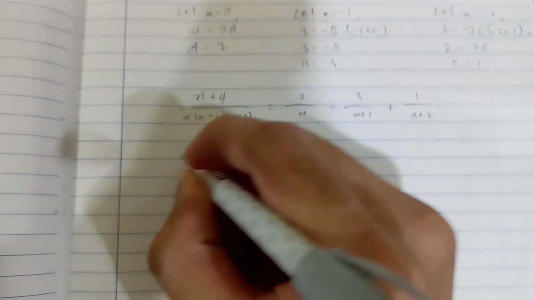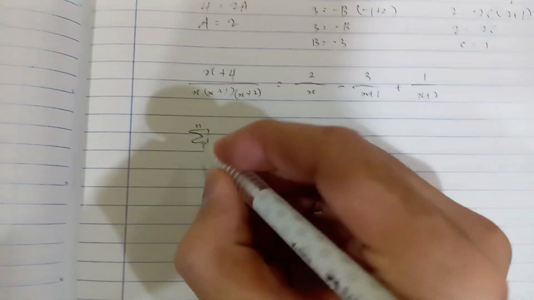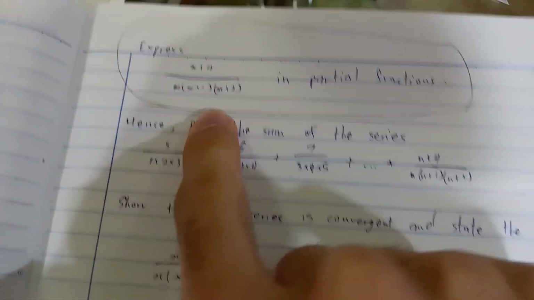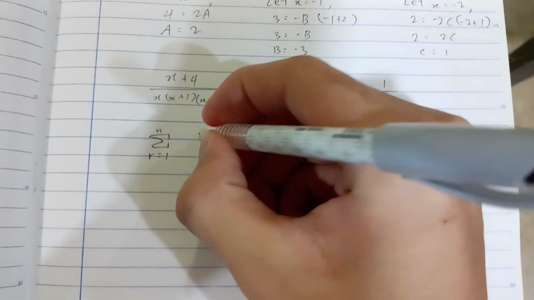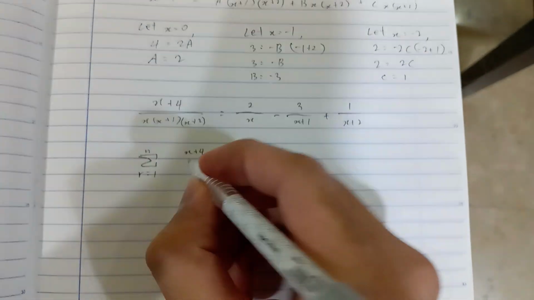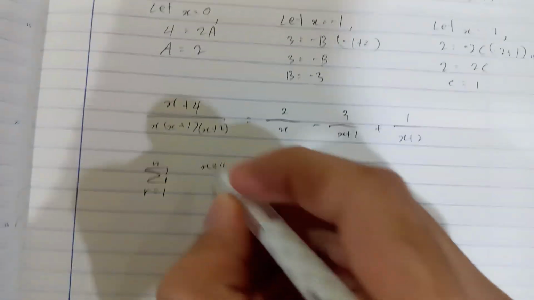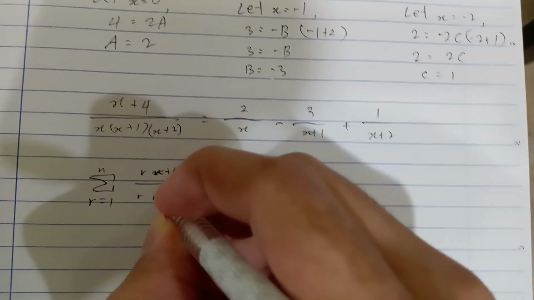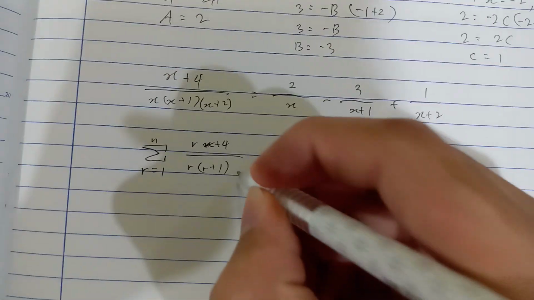And the summation sign, r equals 1 to n. And then you rewrite this. You write r plus 4 over r, (r plus 1), (r plus 2).